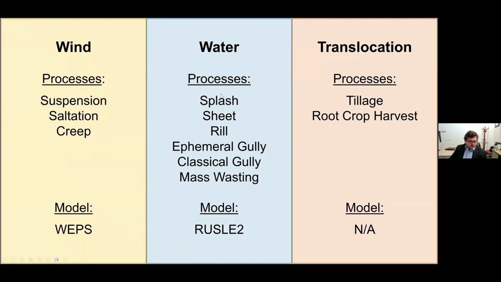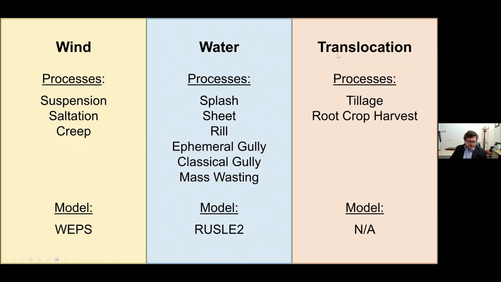And then under water, we have six different processes: splash, sheet, and rill. You just heard me say sheet and rill erosion. Sometimes splash is lumped in with sheet, and people will still refer to it as sheet and rill, even though it's including that smaller process. And then there are these ephemeral gully, classical gully, and mass wasting. We usually don't address those, and I'm going to show you that later.